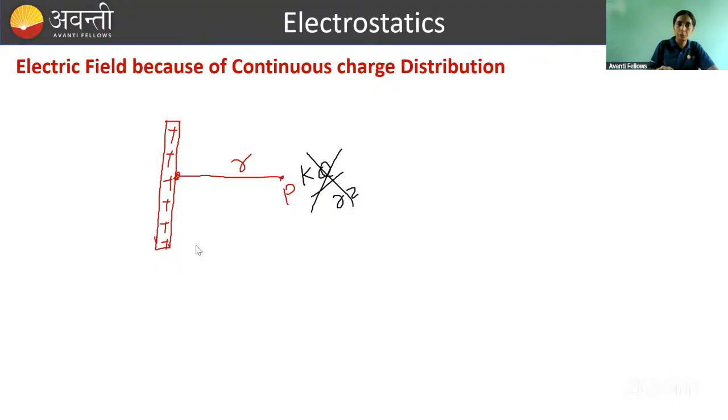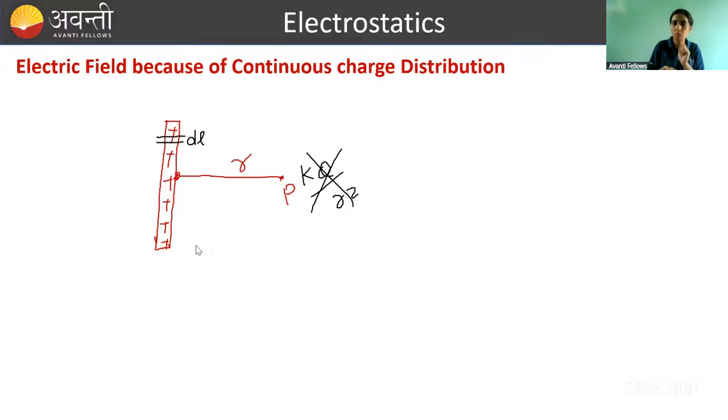Then what are we going to do? What we will do is divide this linear charge object into small elements, so small that every small element will act as a point charge. So let's say I'm taking this element of length dl. This is a very small length.